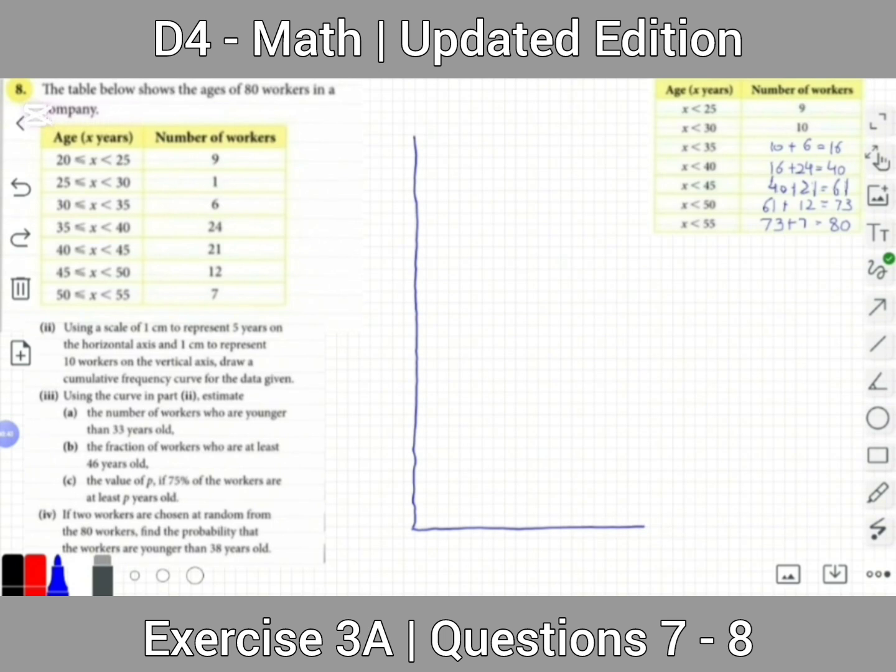We call them the vertical axis and the horizontal axis respectively. Along the x-axis we have age in years, and along the y-axis we will take cumulative frequency.